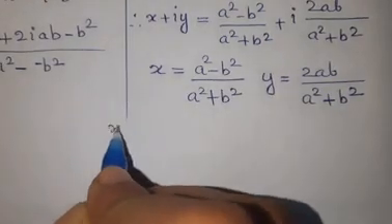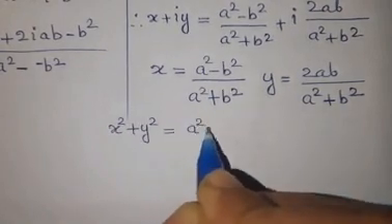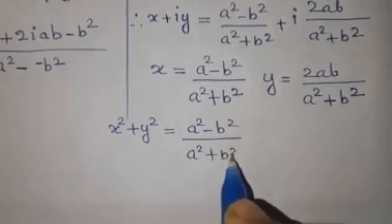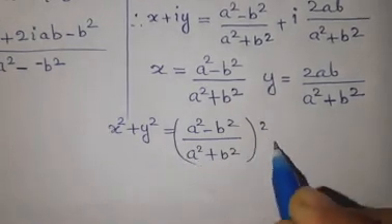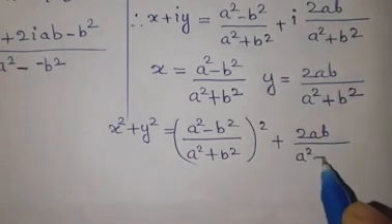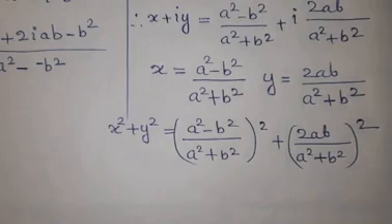Now x square plus y square is equal to ((a square minus b square) by (a square plus b square)) the whole square plus (2ab by (a square plus b square)) the whole square. Okay. We substituted the values of x and y in x square plus y square.